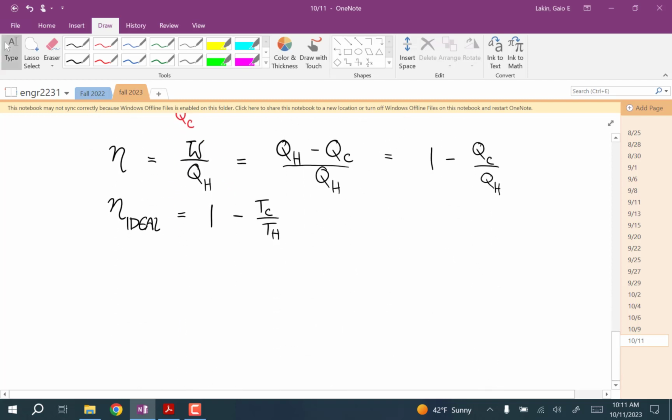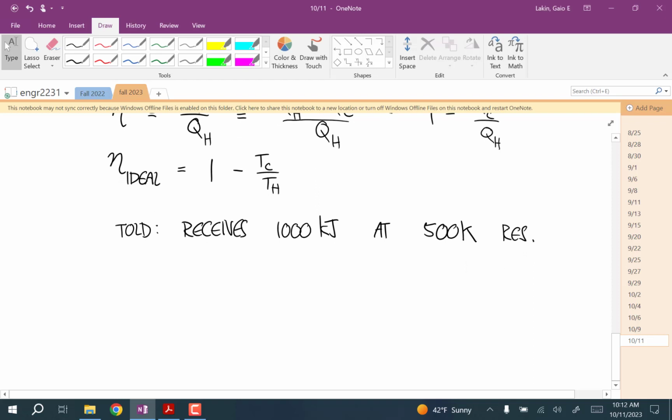Okay, and we're told that this system receives 1,000 kilojoules at a 500 Kelvin reservoir. And it discharges some unknown QC at a 300 Kelvin reservoir.